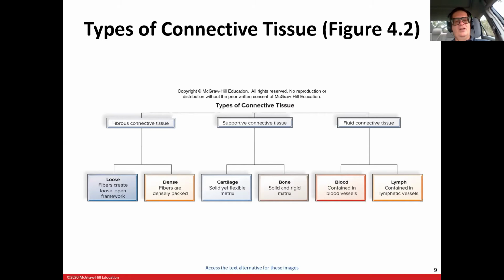All right. Fibrous connective tissue. It says the fibers are loose and open, and yeah, that's true. But it's the space between the fibers that sometimes counts. Like on the previous slide, we were talking about adipose tissue. It's those other cells that are in between the fibers where you're storing the fat.